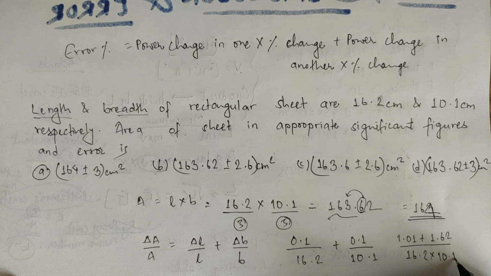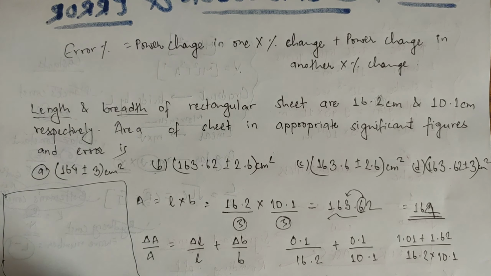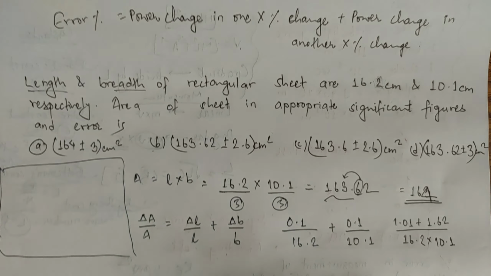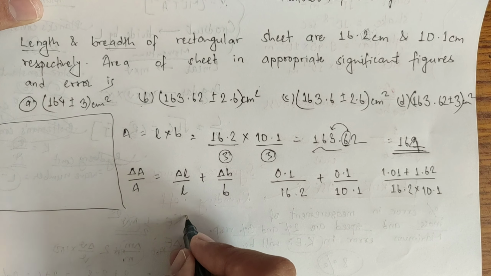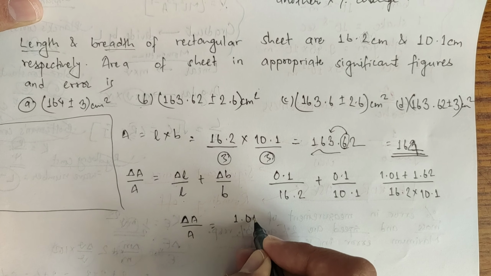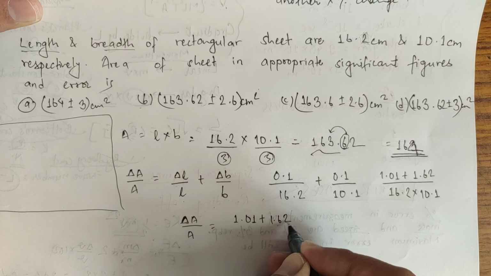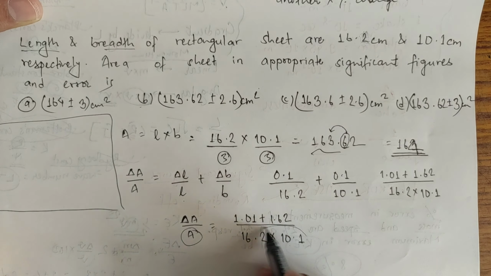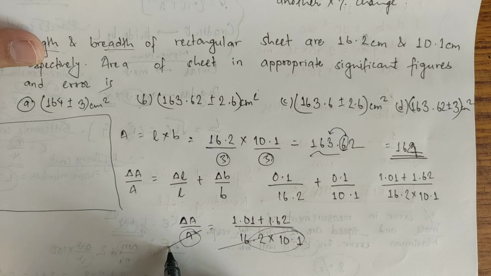So now let's do it here. Delta A by A is equal to 1.01 plus 1.62 by 16.2 into 10.1. Area is equal to this, so it will be cross multiplied.